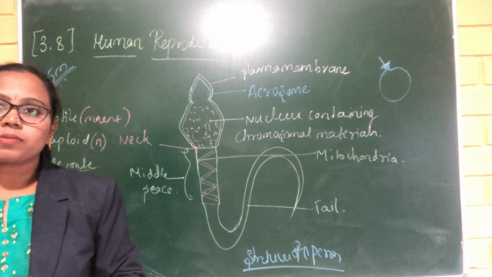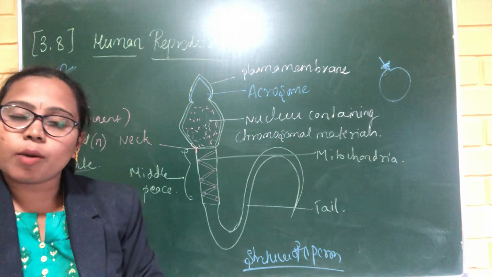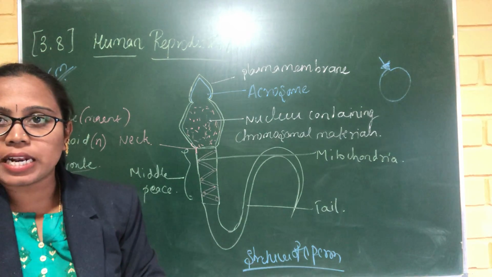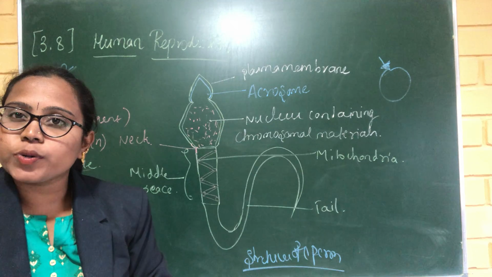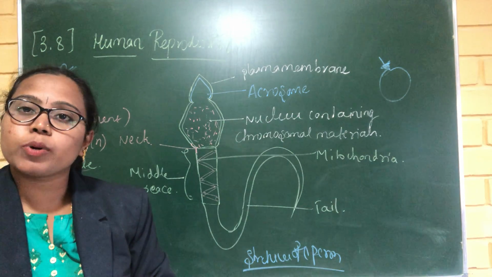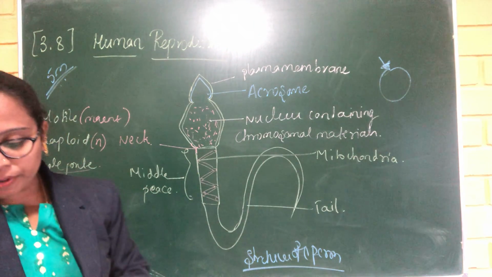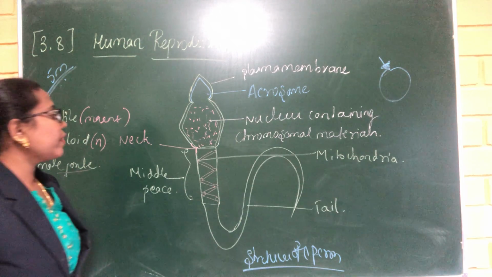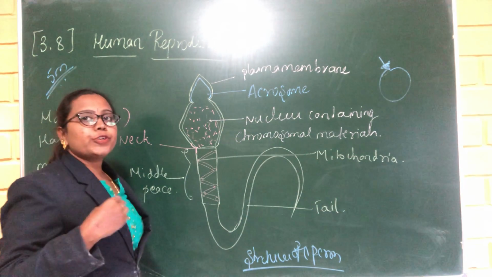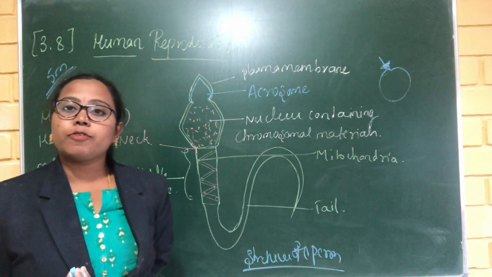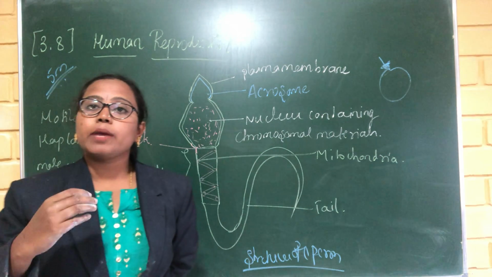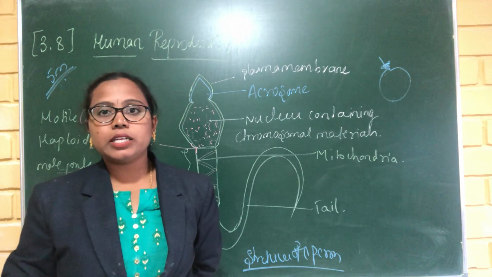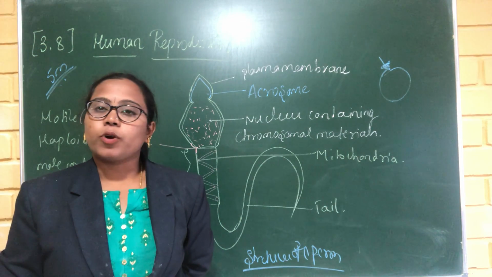The mitochondria is commonly called the powerhouse of the cell. Why? Because they can produce energy in the form of ATP, so that the sperms can show motility inside the body.